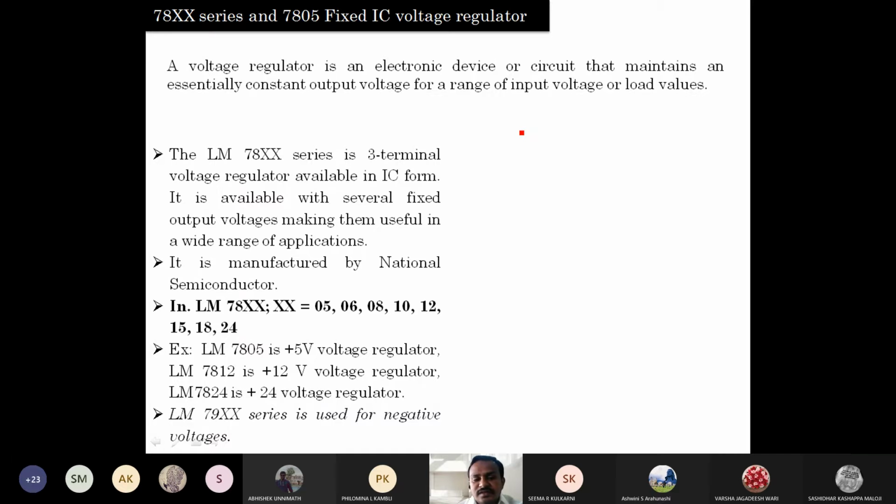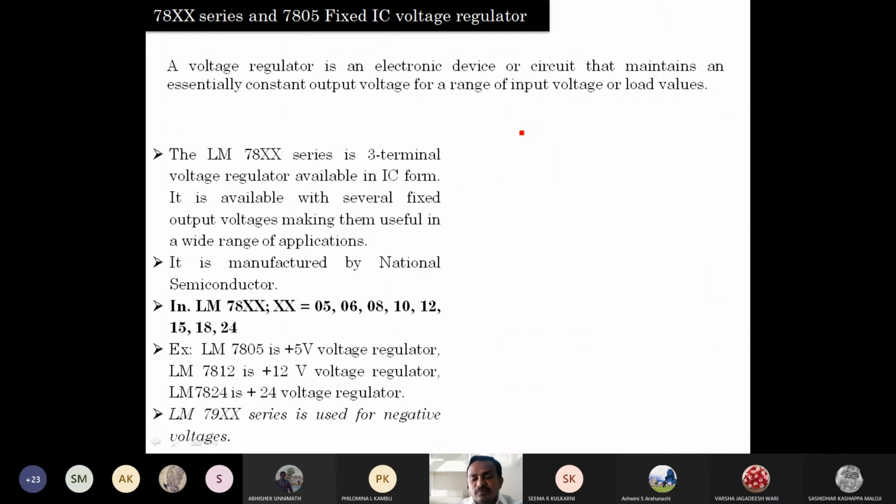Then we have the LM79XX. The 78 series is going to give only positive voltage. The output is purely positive, constant DC voltage. That is the 78XX series.